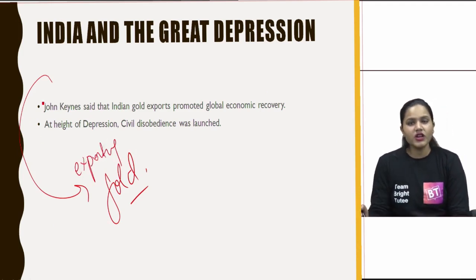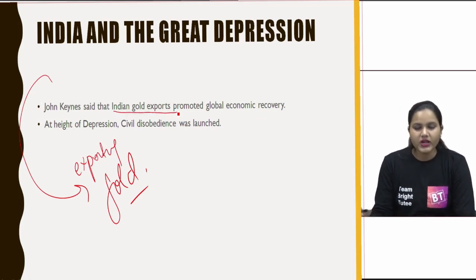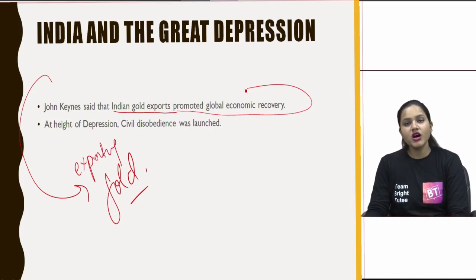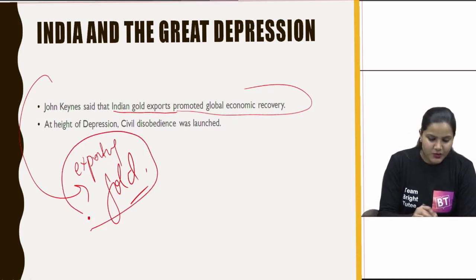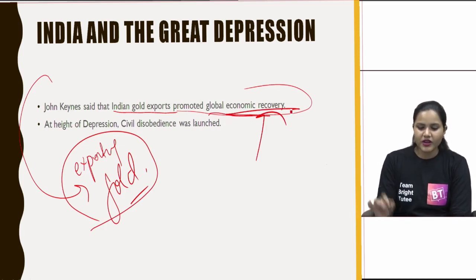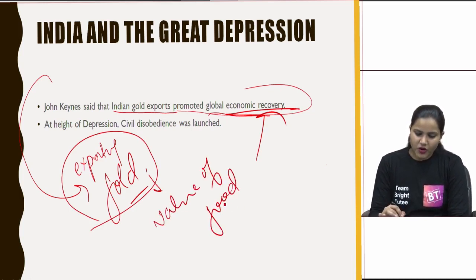There was a famous economist, John Keynes, who said that Indian gold exports promoted global economic recovery. So according to him, the idea of exporting gold was good. Why? Because it promoted global economic recovery. Now the value of gold was high, and therefore gold was being exported.